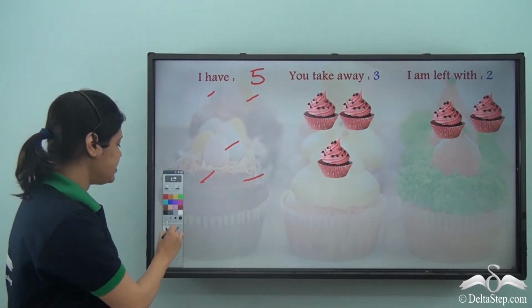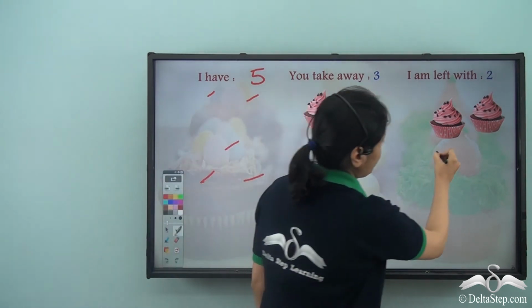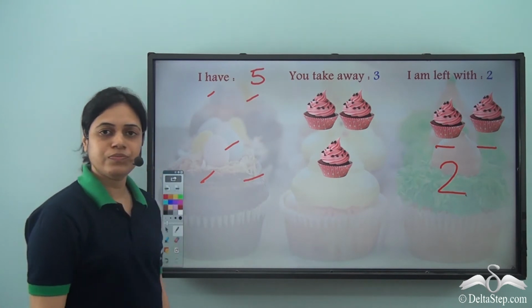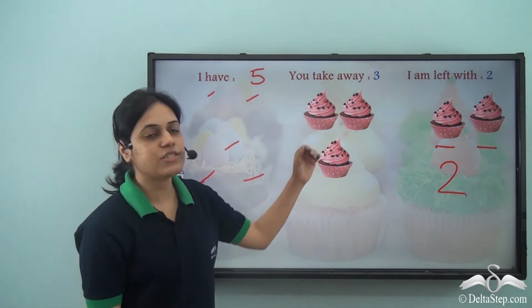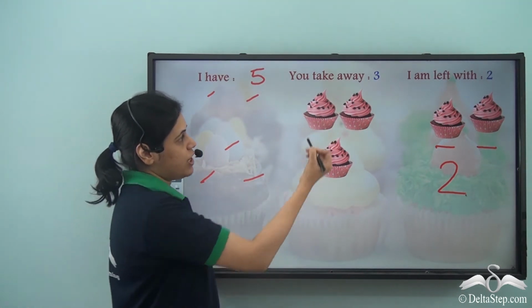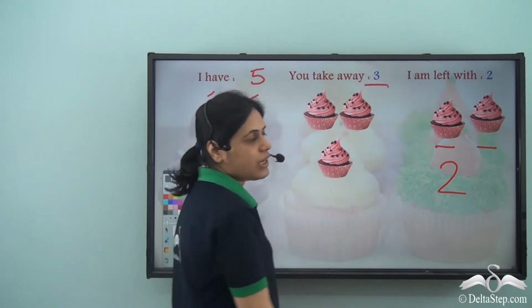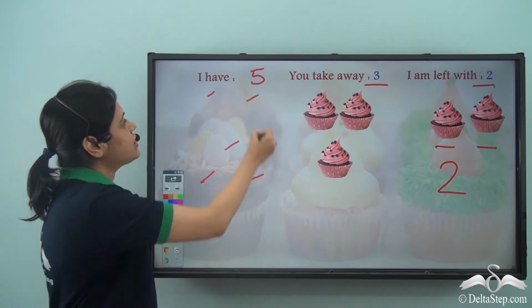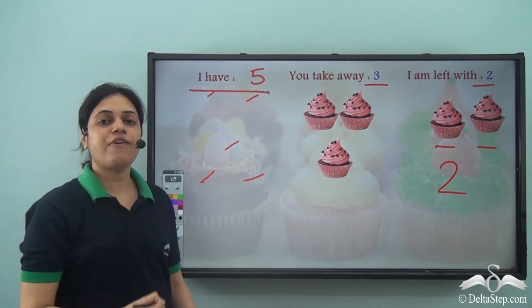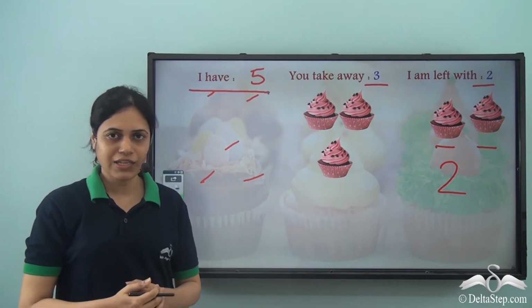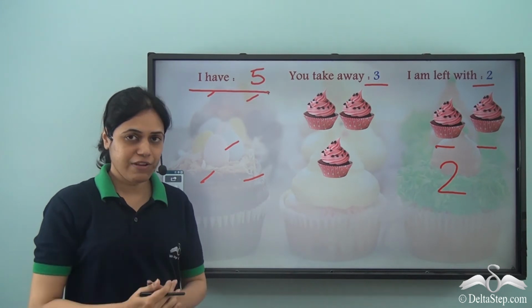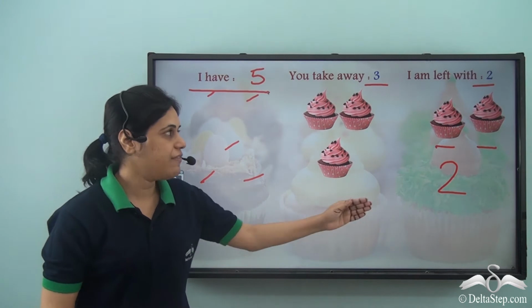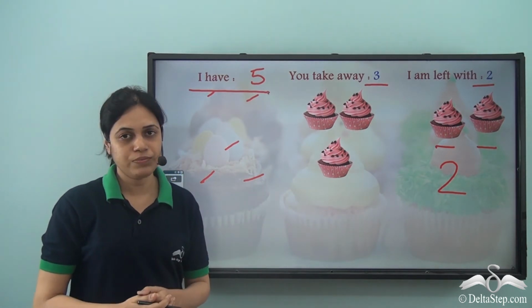So how many are these? 1, 2. So I'm left with 2. And this is what we started with. So if you take away 3 and I'm left with 2, it means that I have 5 cupcakes, right? So if I have 5 cupcakes and you take away 3 from me, I will be left with 2.